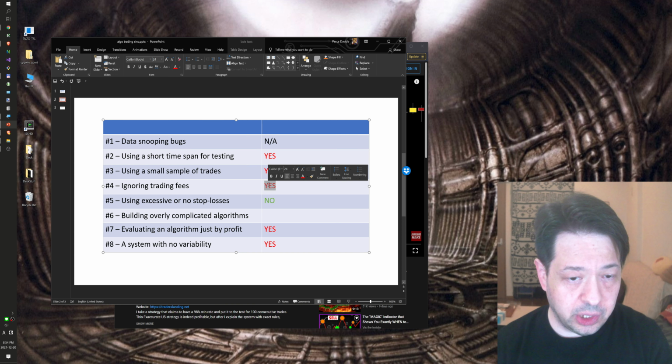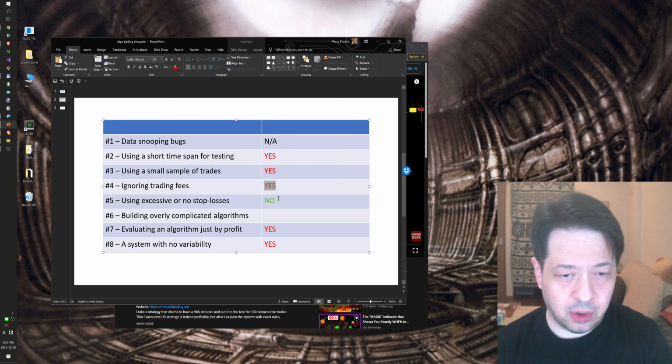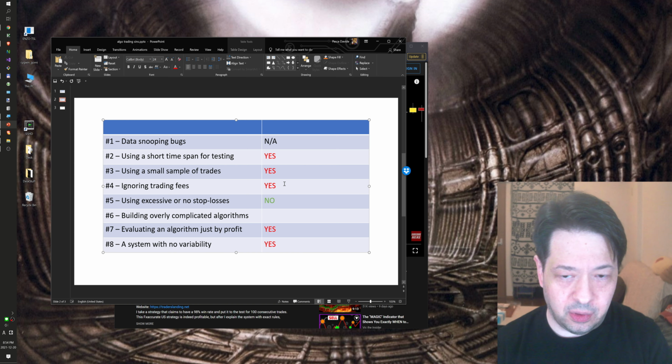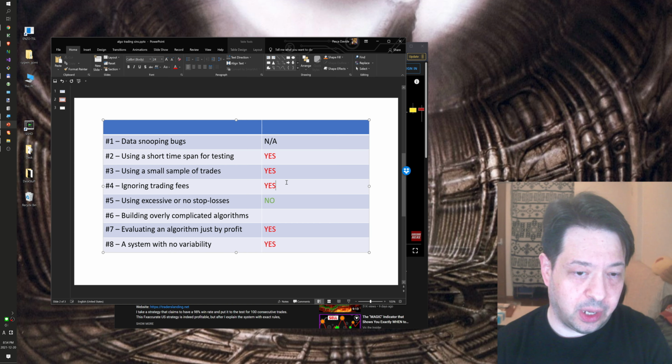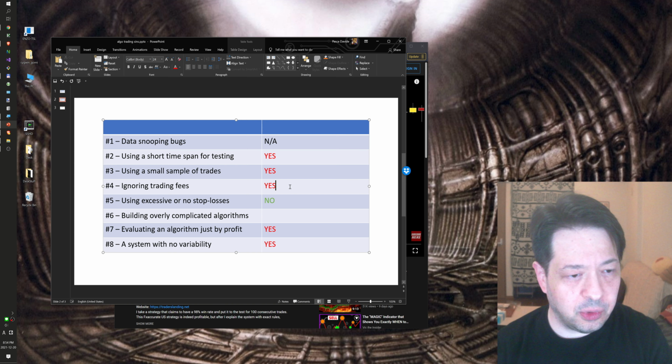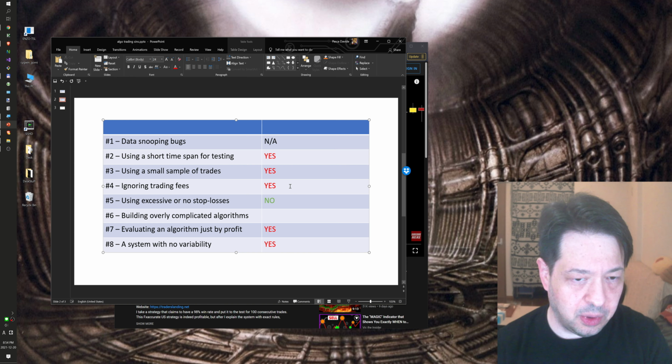And ignoring trading fees, which on 100 trades maybe is not that big, but it can accumulate. I mean, on 100 trades, that's probably 100 positions, so I don't know, if you have 0.1% trading fees, you multiply by maybe 200 positions.